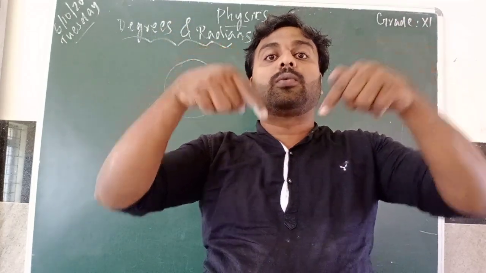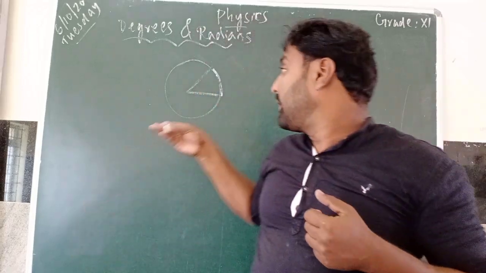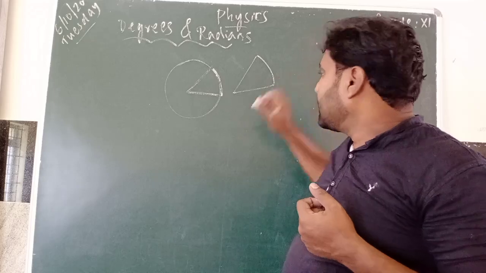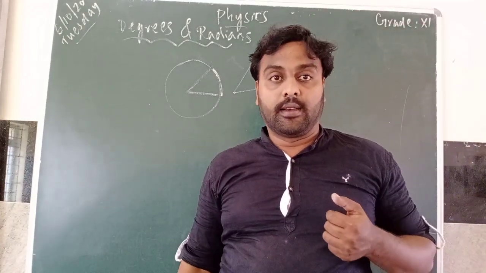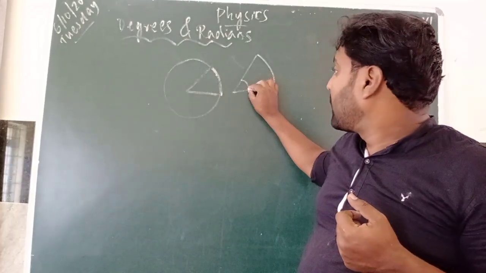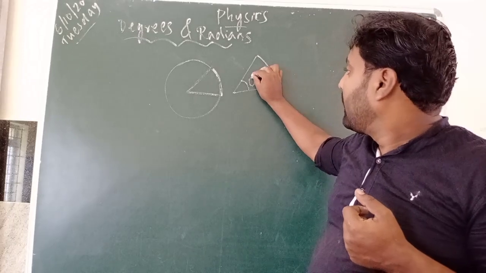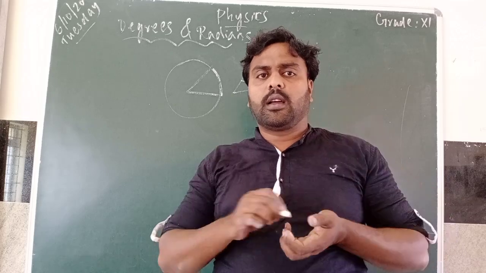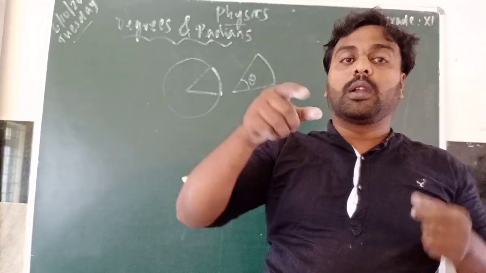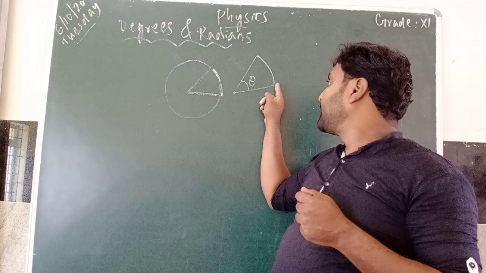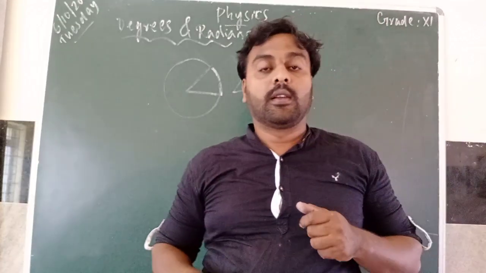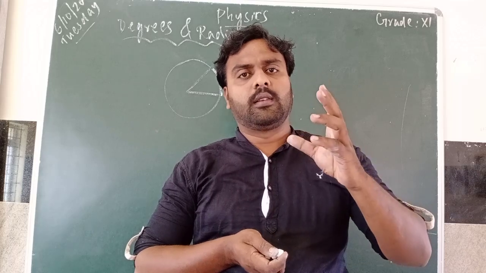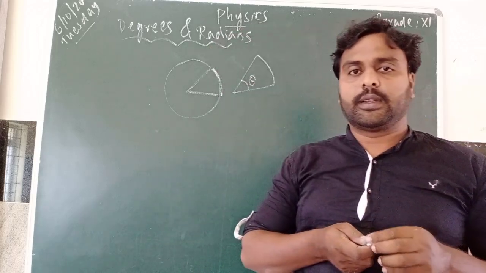A slice of watermelon you are cutting and taking it out like this. This is what we call a planar angle. So assume that you are cutting a slice from the watermelon, you will get a shape like this. And that angle we call the planar angle, solid angle, and so on.